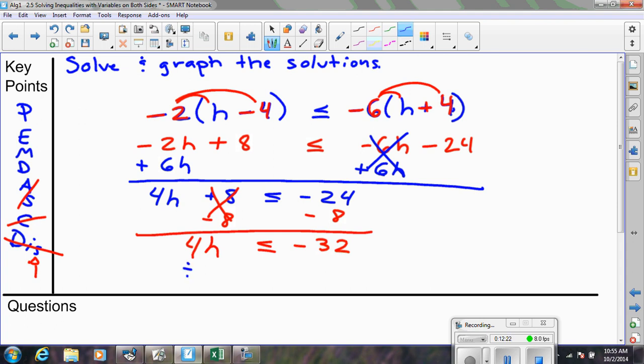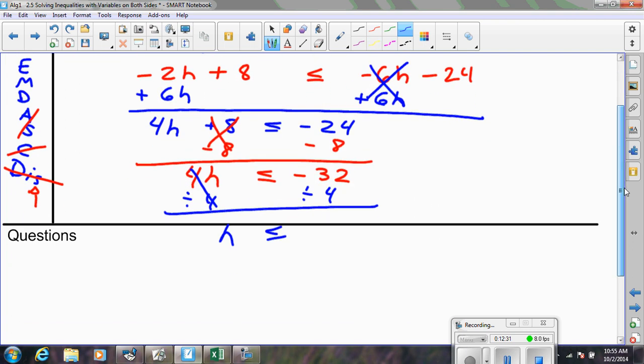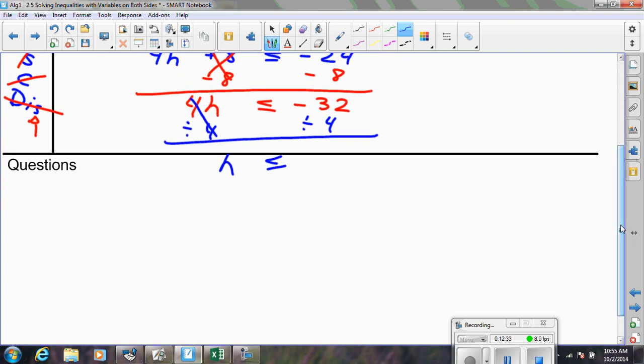Divide by 4. Got it. Which gives us h is less than or equal to, not just 8 though, a negative 8, because of course a negative divided by a positive is still got to be negative. Okay, our number line, put negative 8 in the middle.